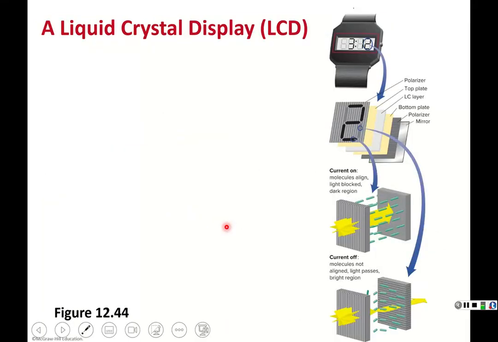Right. Another place where these are important are in LCDs or liquid crystal displays. Okay. And if you design this correctly, if you want to know all the pieces shown here, what you can do is have a case where if your current turns on, the molecules align and the light is blocked and make a dark region.